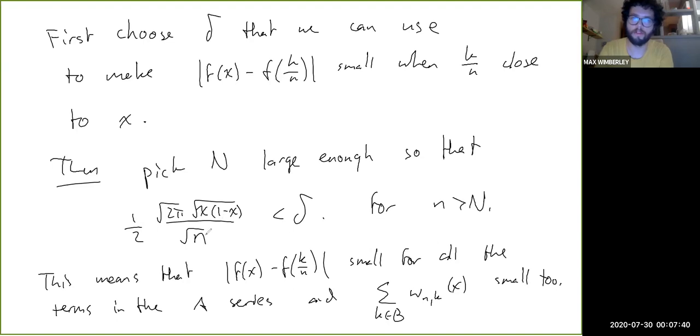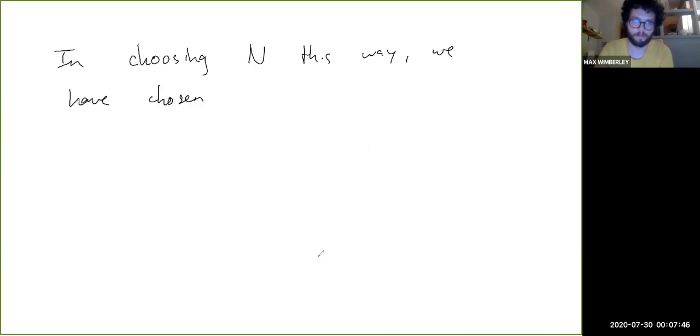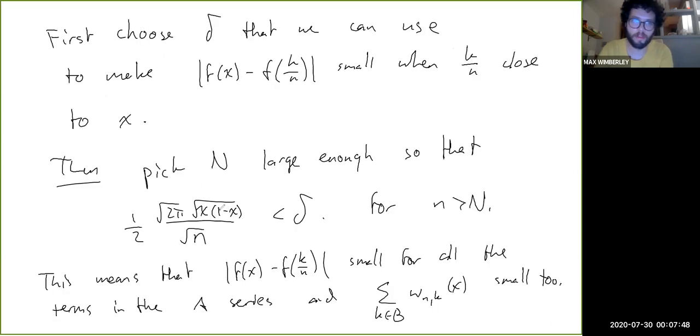if you just multiply by square root of n and divide by delta, then there'll be some constant up here, let's say, because the biggest this can be is 1/2.